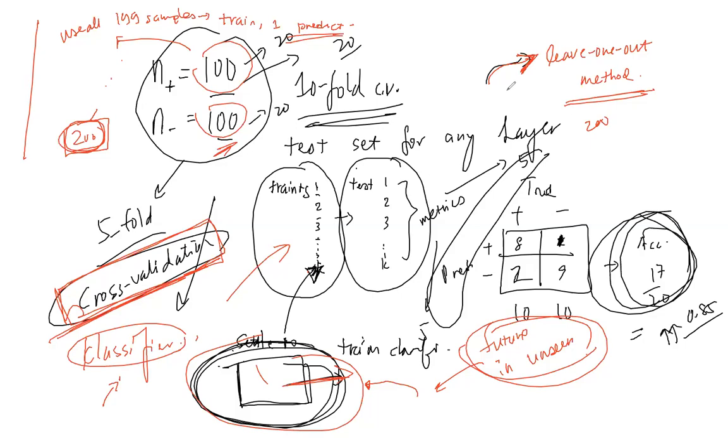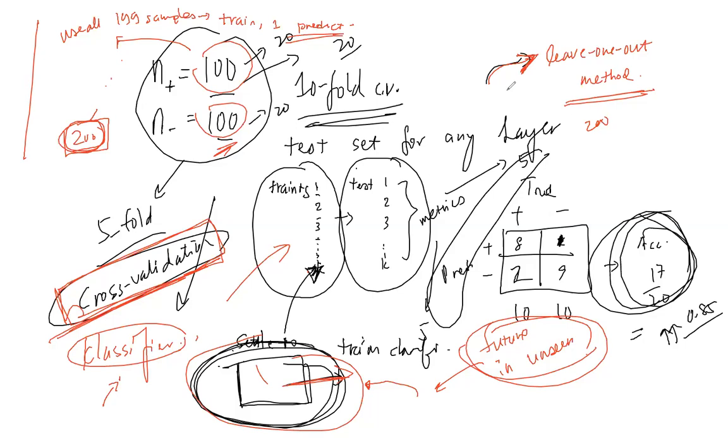So it's more like a check on the variability of the data. It's more like a way to check how stable your classifier is.